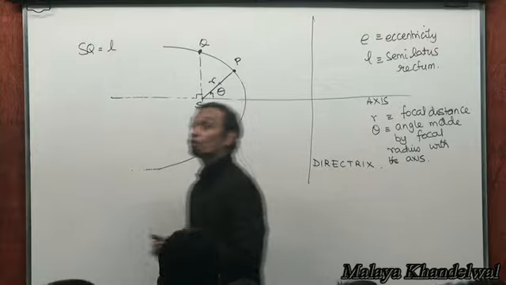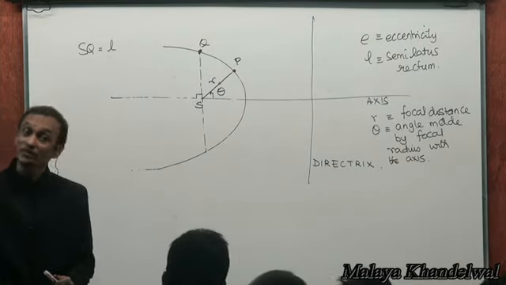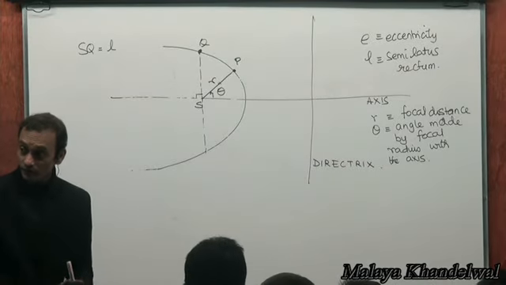So r and theta will uniquely determine various points on the conic section, right?